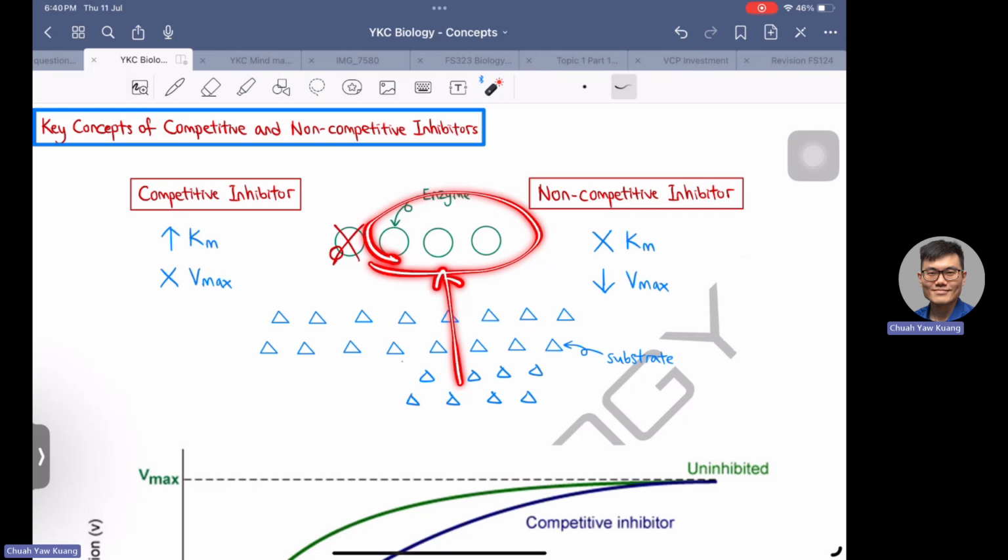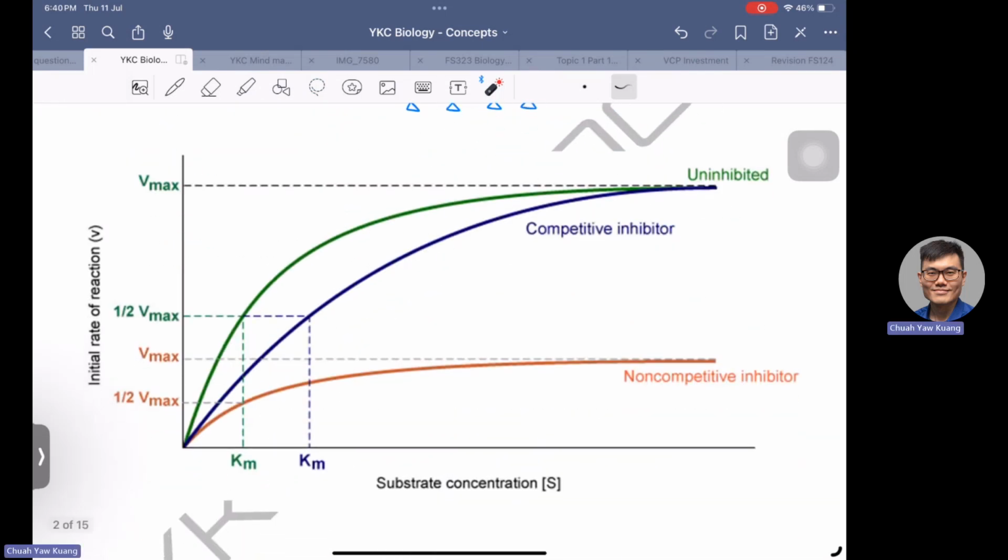So that's why it will not increase the Vmax. So with that, those are all the key concepts that are important when we explain the graph of the competitive inhibitor and the non-competitive inhibitor.